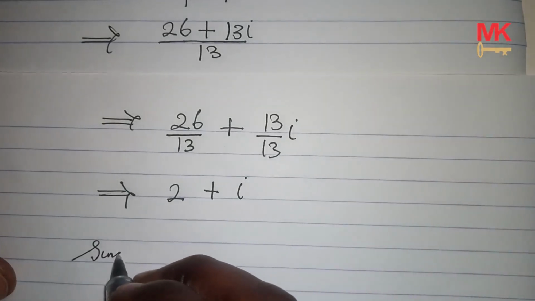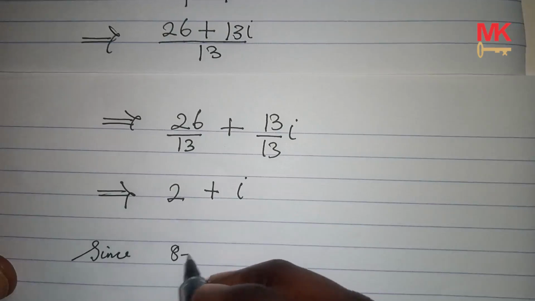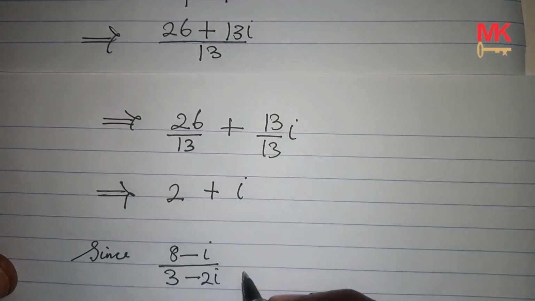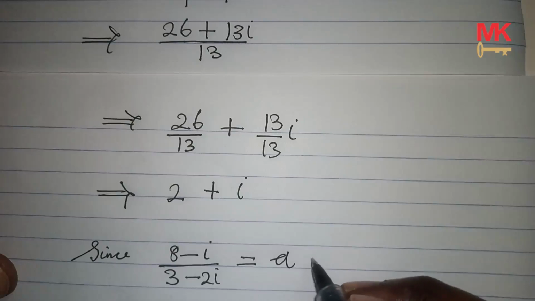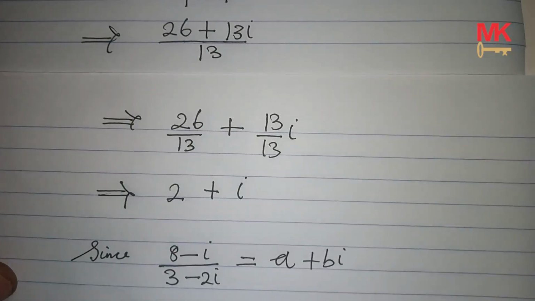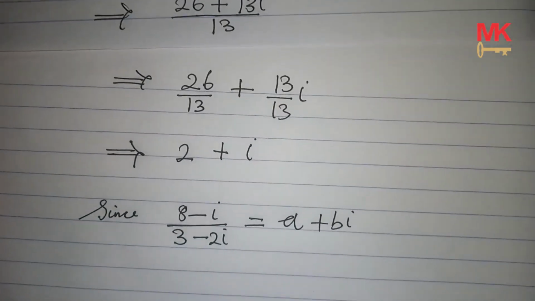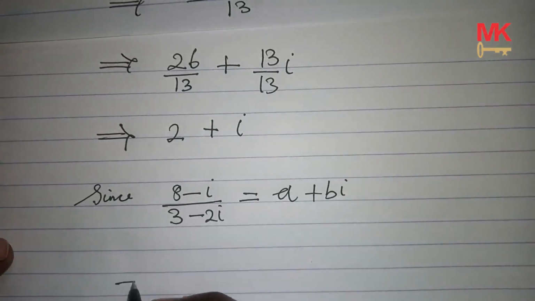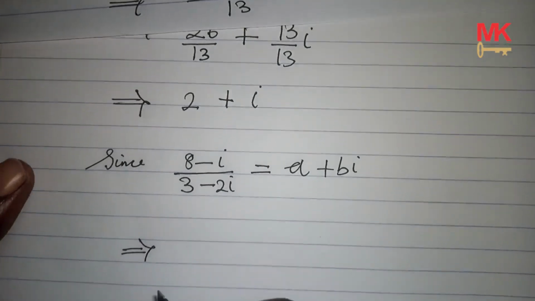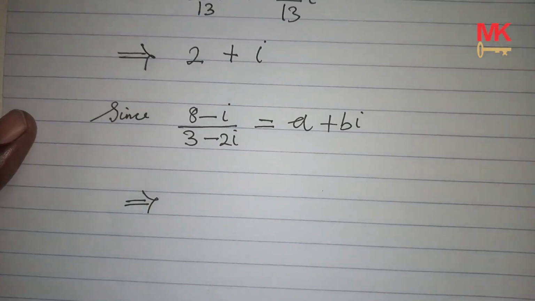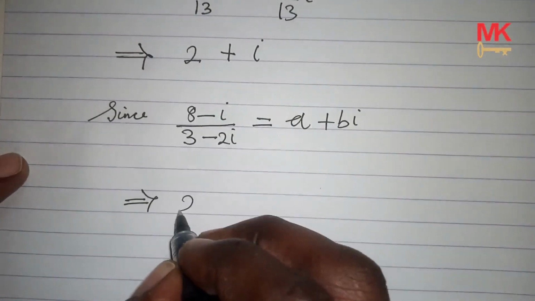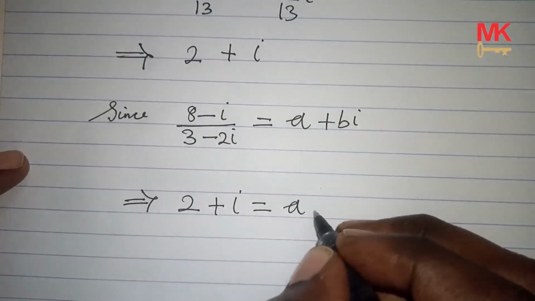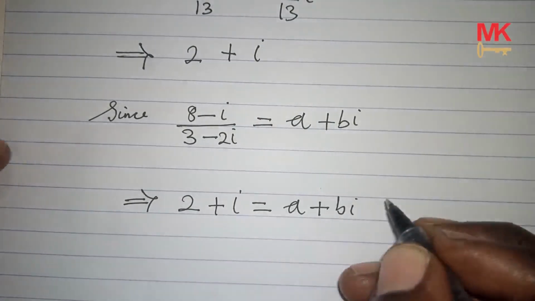Since (8 minus i) divided by (3 minus 2i) equals a plus bi, what it means is that this implies 2 plus i is equal to a plus bi.